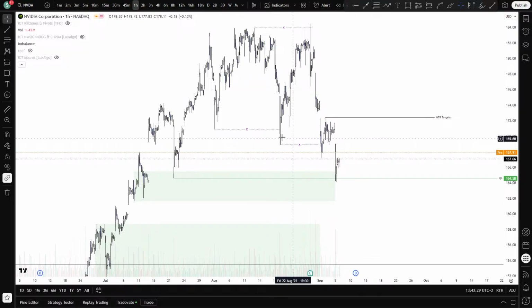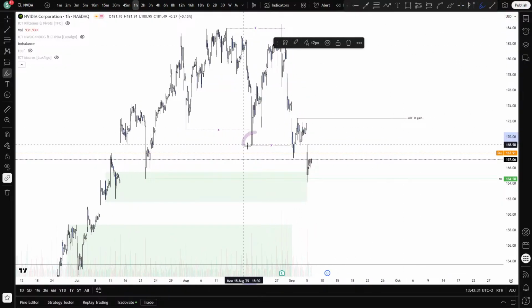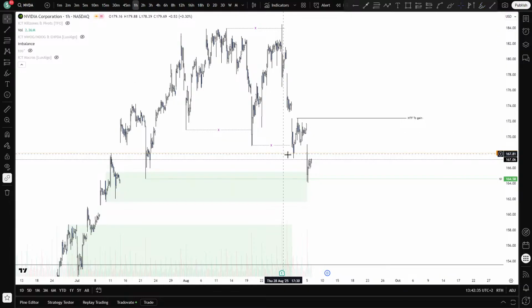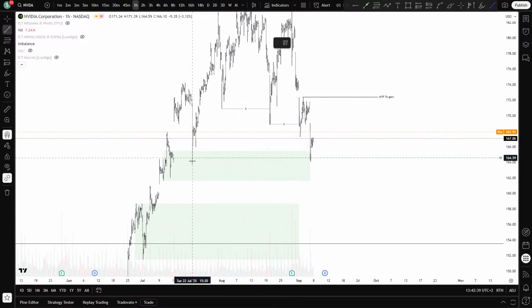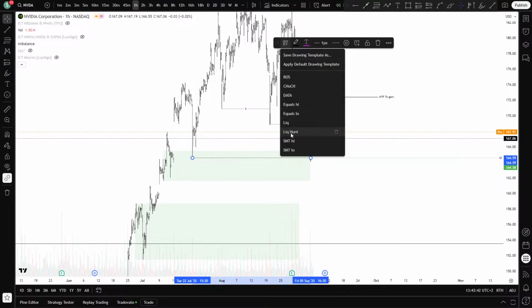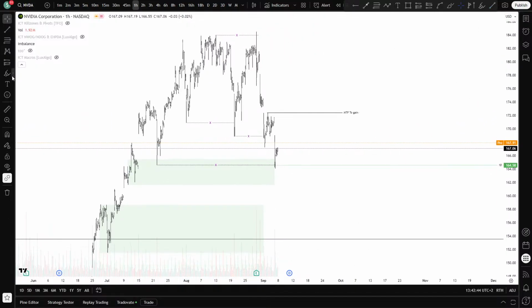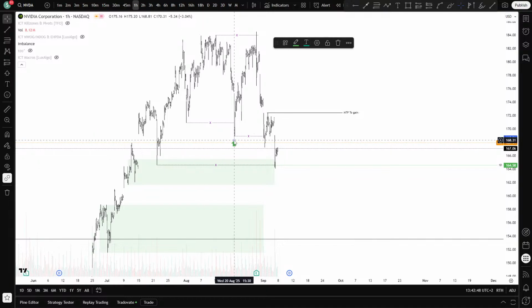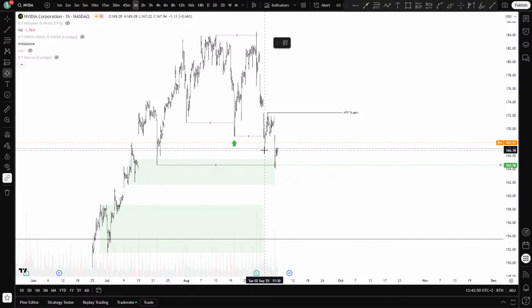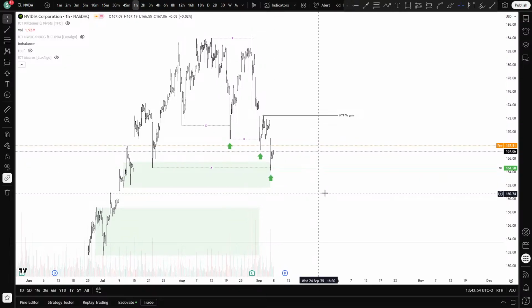The first one being here, so they can fill up a lot of orders right here, and then they can fill up a lot of orders over here, and then once again at this low. So we have had 3 manipulation moves where they could fill up their orders. Let's make it clean in the chart with some arrows. First point to fill up orders, second, and your third point.